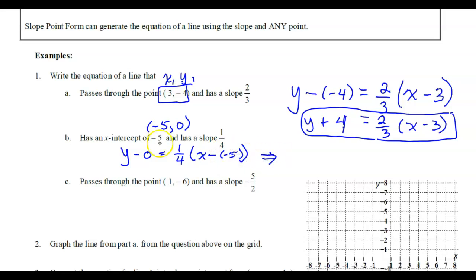And we don't have to show the -0. Y minus 0 is just y. So if you can do that in your head, go for it. It's just 1 mark, right, to do that. 1 step.